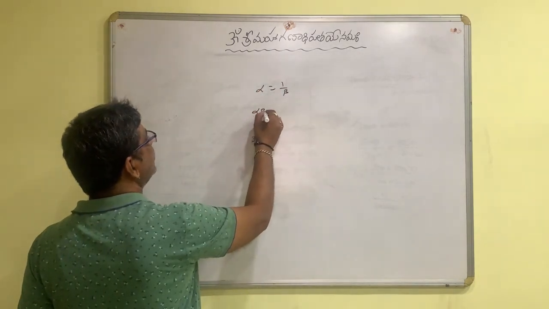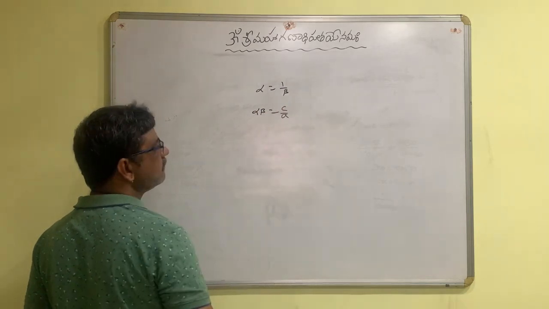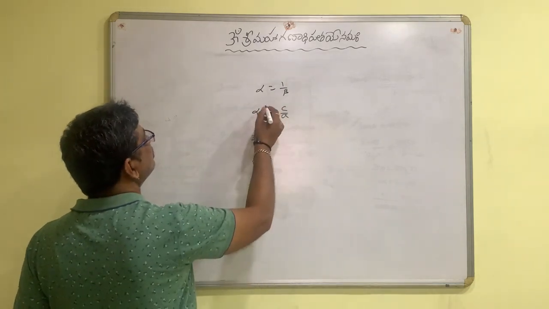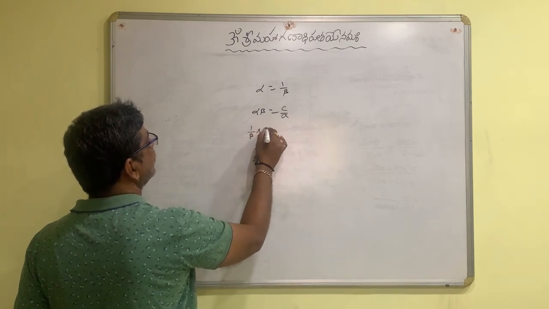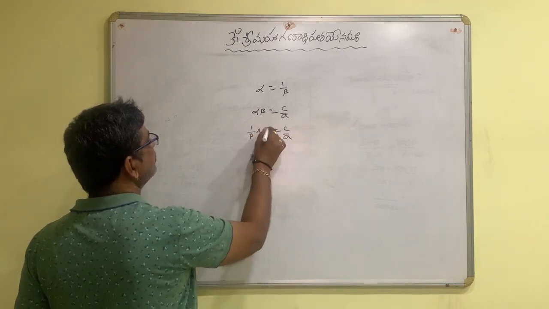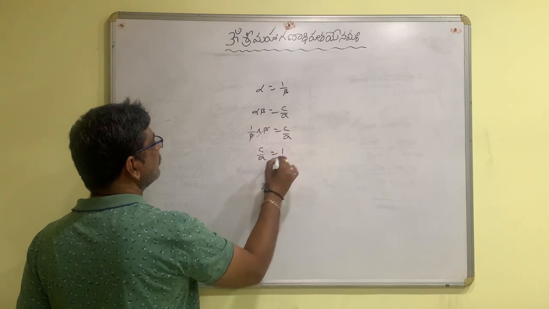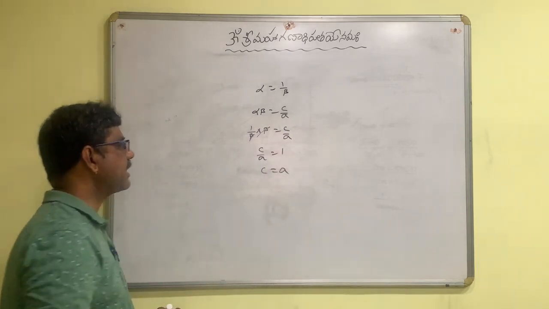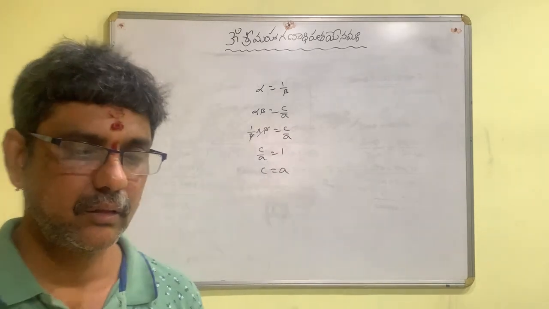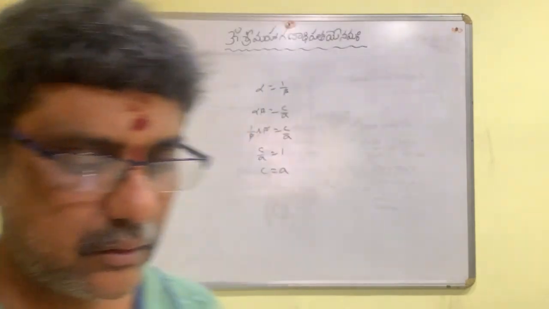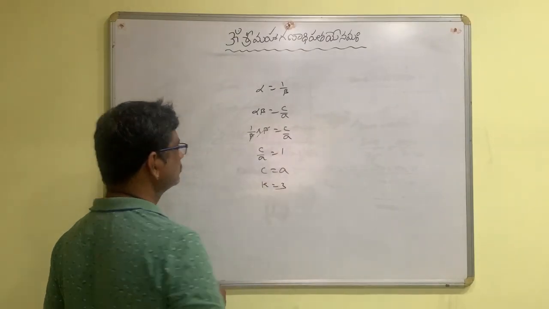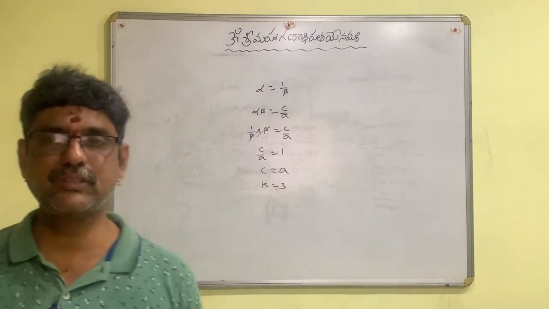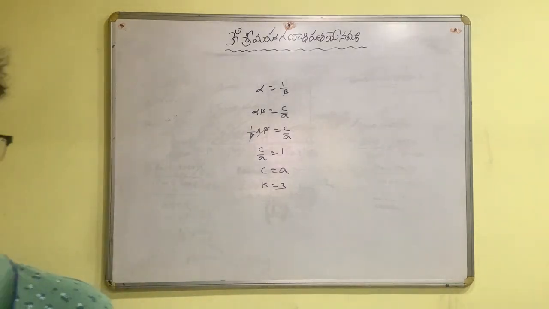We know alpha beta is c by a, but both are reciprocal, so 1 by beta into beta is c by a. So c by a is 1, c is equal to a. So k is equal to 3.